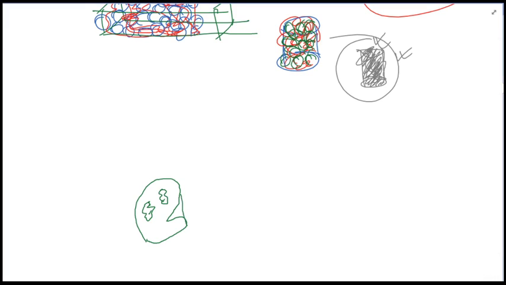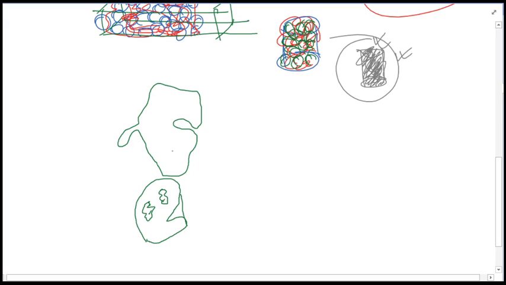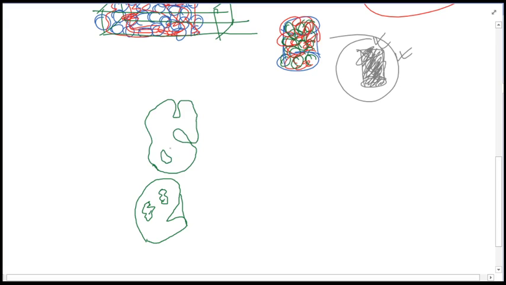Also, think about it like this: I can add another aggregate here. Let's say this is another aggregate where there are again some impermeable pores, but consider there's a little portion which is also permeable.